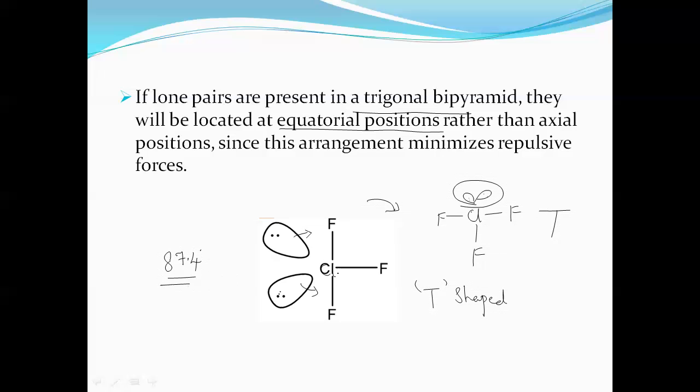So we can come to the conclusion that ClF3 is T-shaped with a bond angle of 87.4, and the 2 lone pairs placed at the equatorial positions rather than at the axial positions, because this particular structure with the lone pairs at the equatorial positions is the most stable because of the minimum repulsive forces.